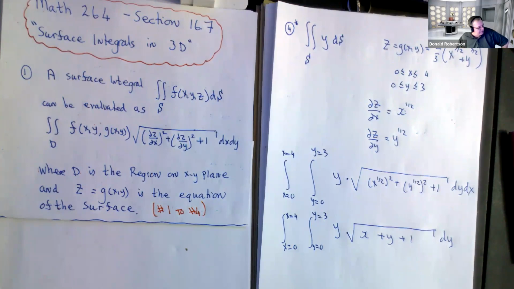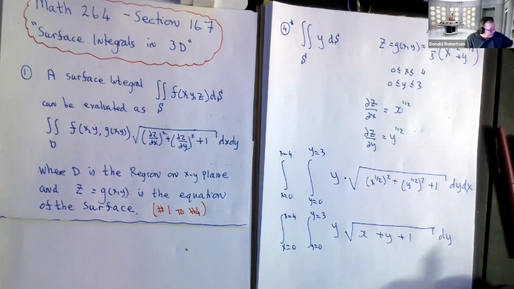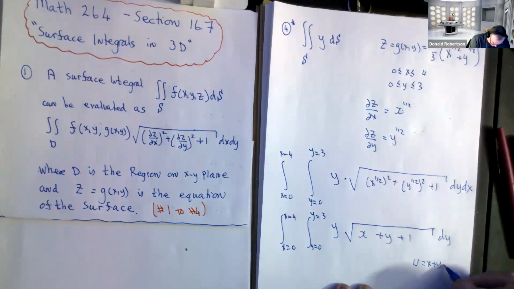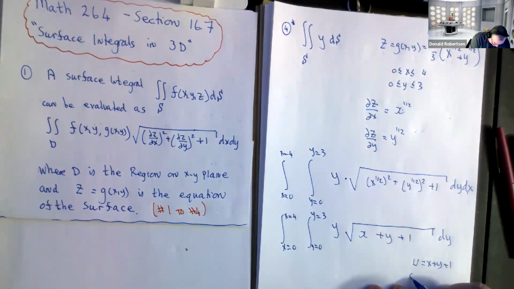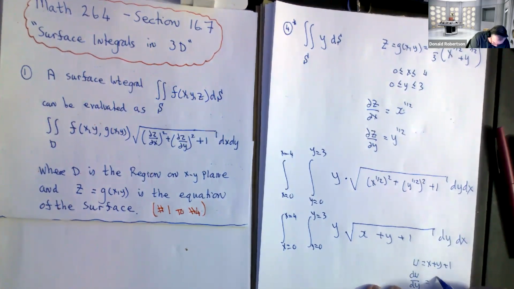And that is a problem. We have to integrate this. So I would suggest a way to tackle this question would be to do a u-sub, and the u-sub I would choose would be x plus y plus 1, because when you differentiate this with respect to y, because that's the variable we're interested in, you just get 1.